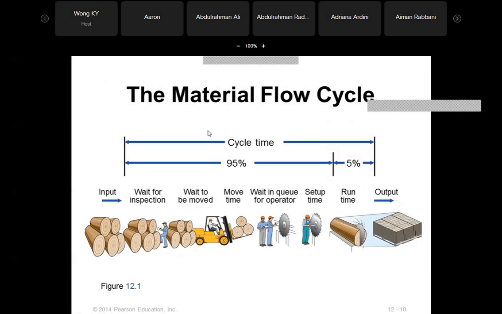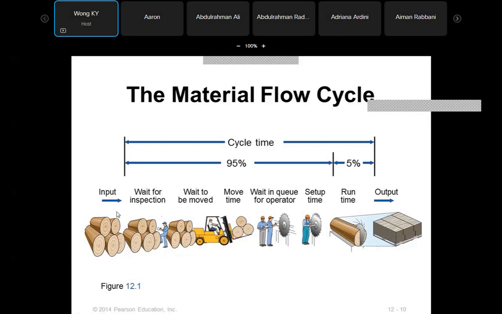Okay, if you look at the raw material inventory flow cycle, this is just to give you an understanding. Okay, let's say there is a manufacturing plant that process wood. Okay, so the raw material will be tree trunk. So these are tree trunks. So once it arrives at the factory, probably the first thing that has to be done is to inspect the raw material.